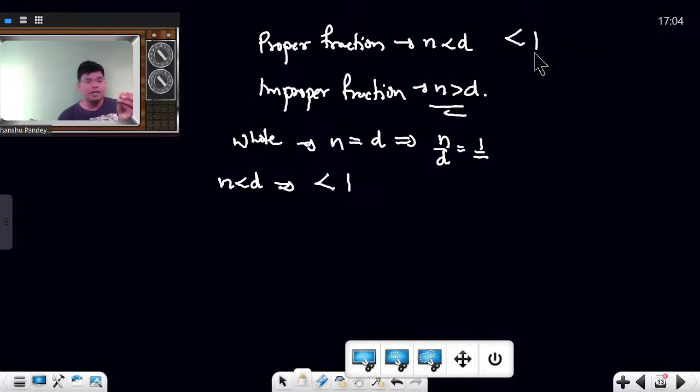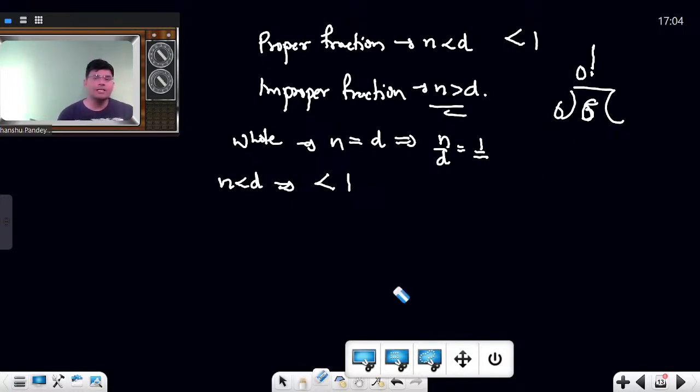If you divide a number by a bigger number, suppose I am dividing 5 by 6, so I am always going to get 0 point something, right? Because if I write 6 here, I will get it one time. But if I am dividing a smaller number by a bigger number, that means I am always going to get less than 1. That is the proper fraction. Proper fraction is always less than 1 because the fraction is known as a part of a whole. So part of a whole will always be less than whole.